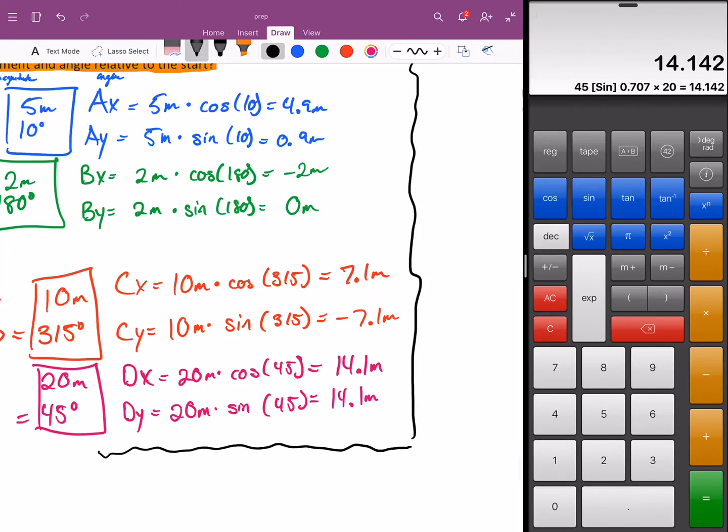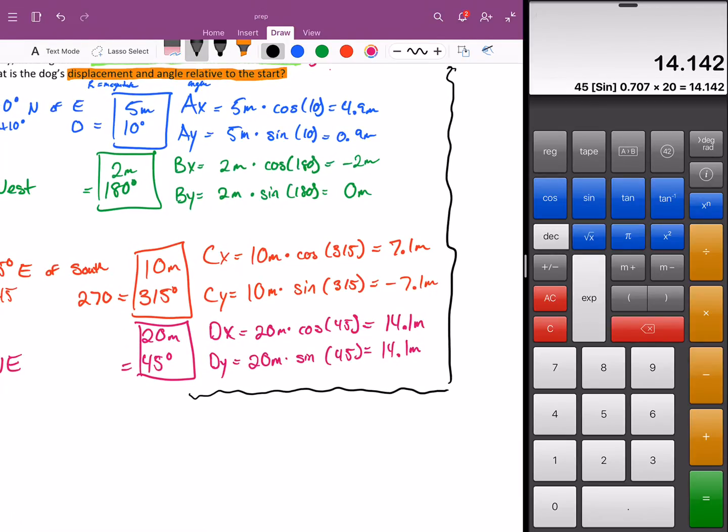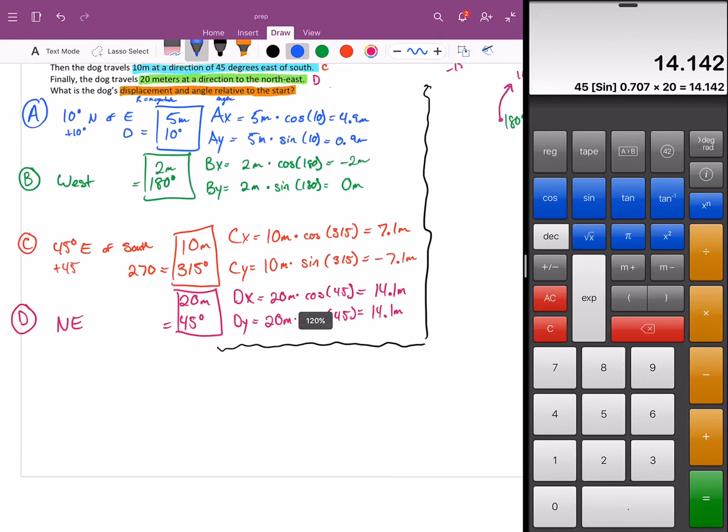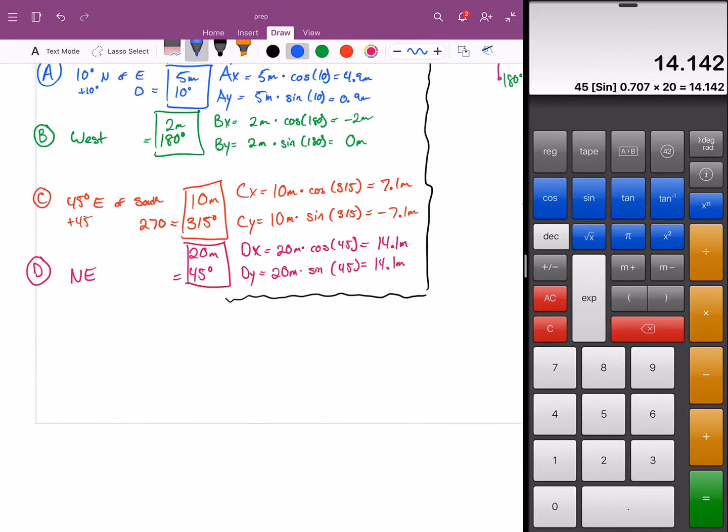Now let's do the sigmas and the sums. It's going to get crowded. AX, BX, CX, DX, sum of x. AX was 4.9.